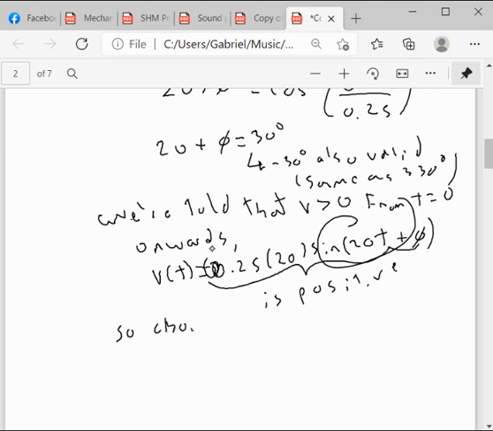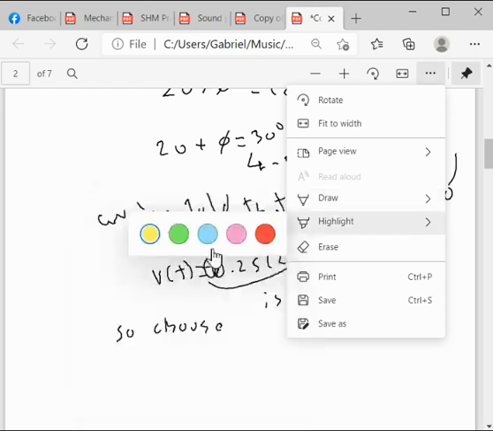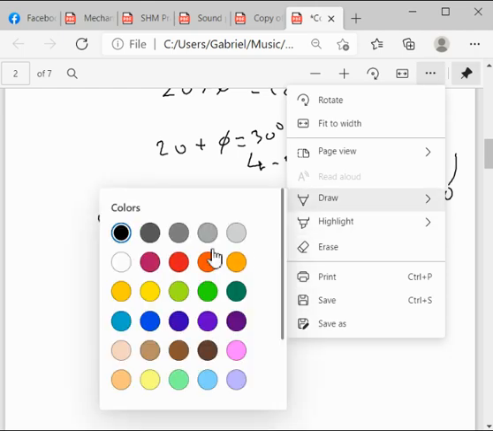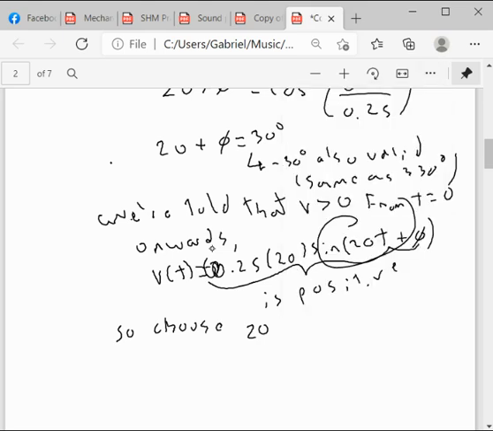So to keep the number small, in this case, we'll go with a solution of minus 30.